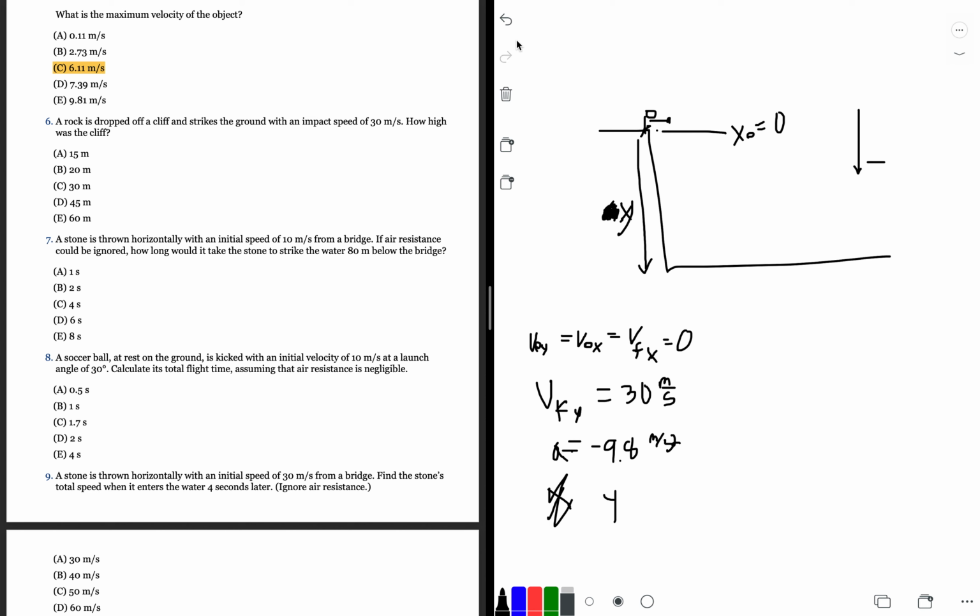Right, so we'll use Vy squared, the final vertical velocity squared, is equal to Vy initial squared plus, oh, it's actually minus 2g y, minus 0.